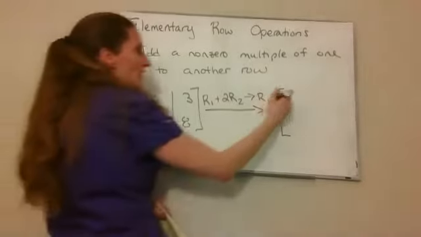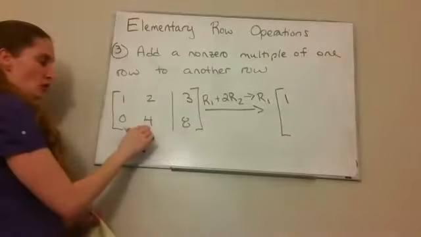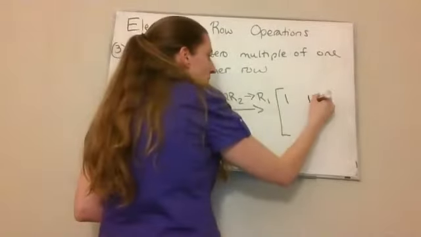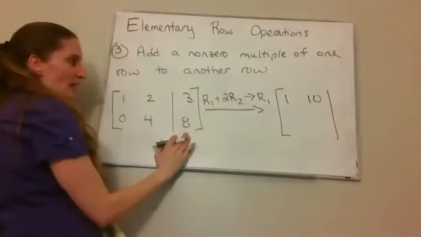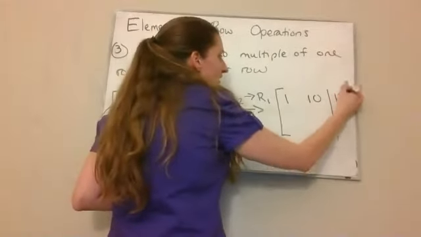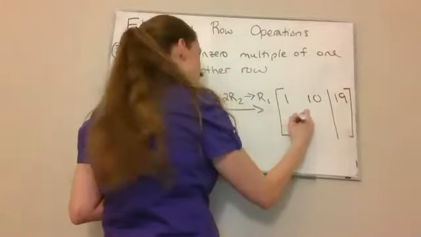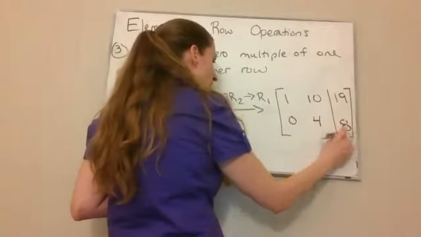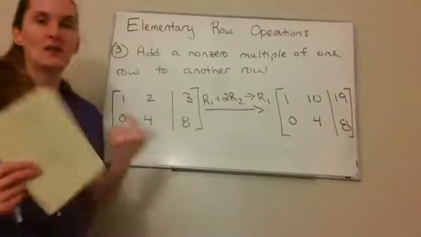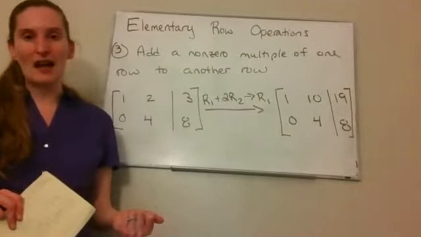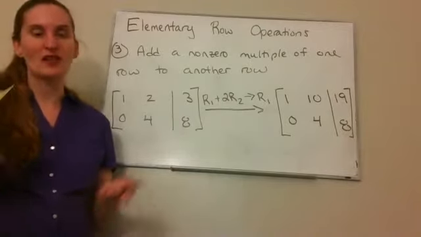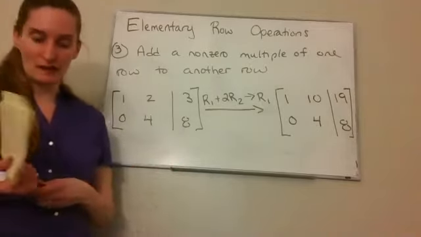Add it to my 1 and I get 1. 2 times 4 is 8. Add it to 2 to get 10. And 2 times 8 is 16. Add it to 3 to get 19. And then my row 2 does not change. The only one that changes by this operation is row 1. So this is the same sort of thing as adding our equations together, adding a multiple of one equation to another equation. It does not change the answer to the system of equations.